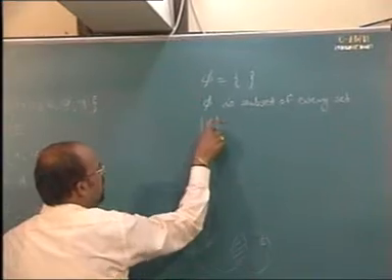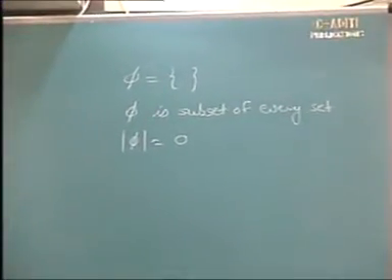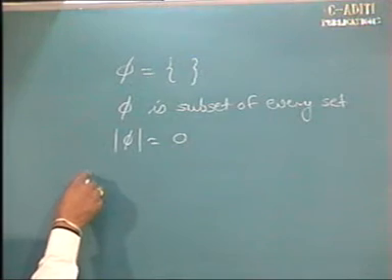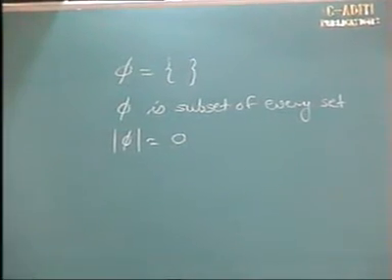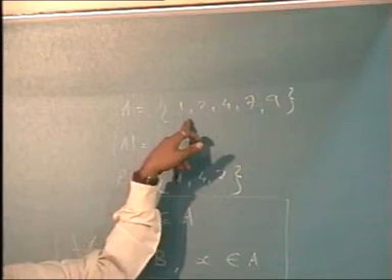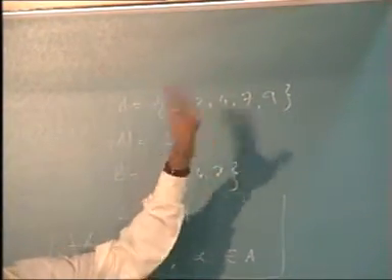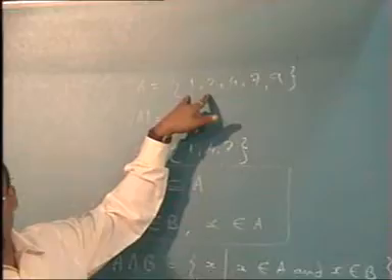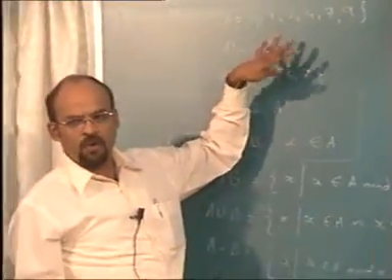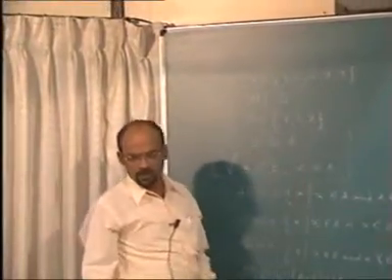The property is that the cardinality of phi is 0, obviously. So in this case, A will have subsets like only 1, only 2, only 3, only 4, only 7, only 9, with null already there, which is also called the null set, or 2 elements at a time, or 3 elements, or 4, or 5. Afterwards we can actually count them also.